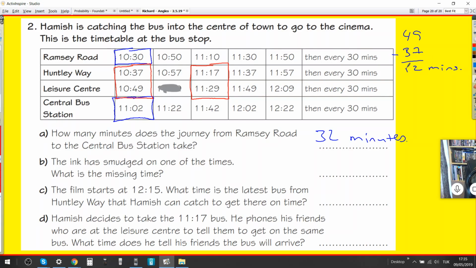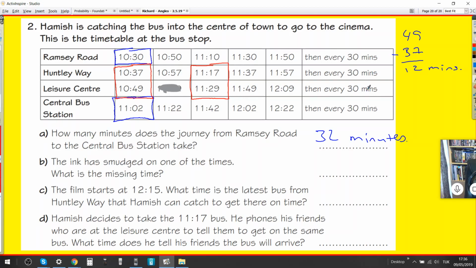So this is a difference of 12 minutes? Okay. So that would be the next hour? So next hour, so that would be 12.